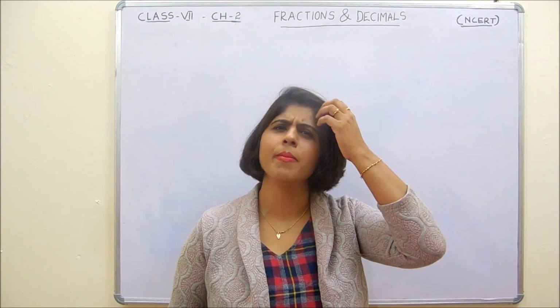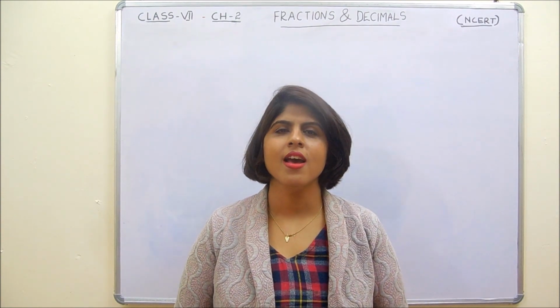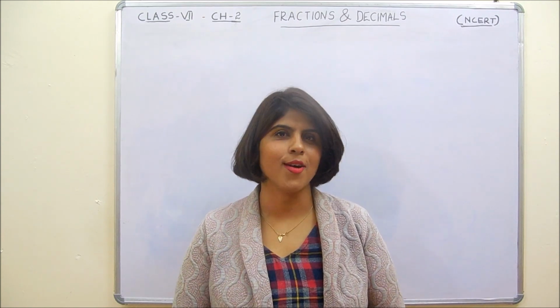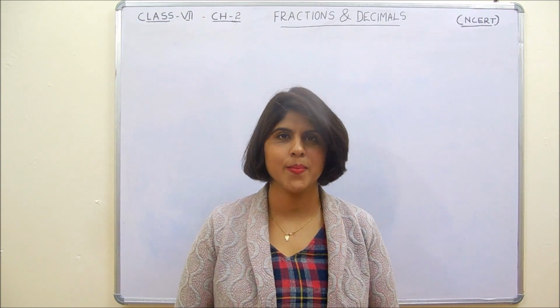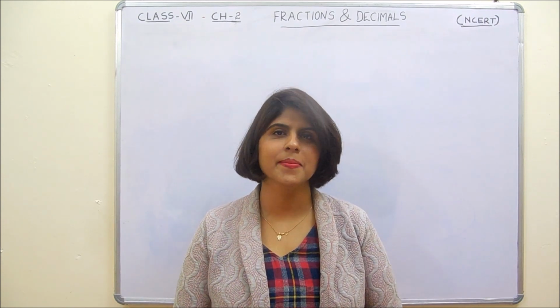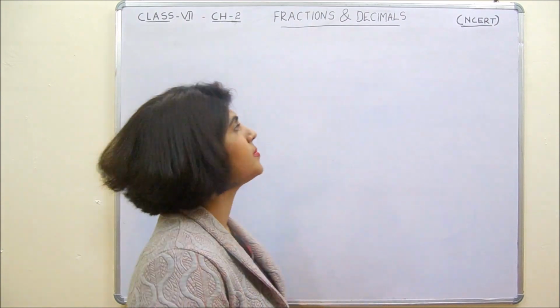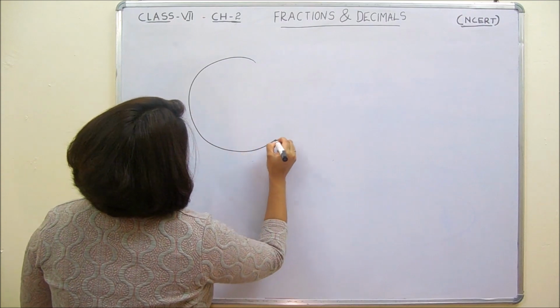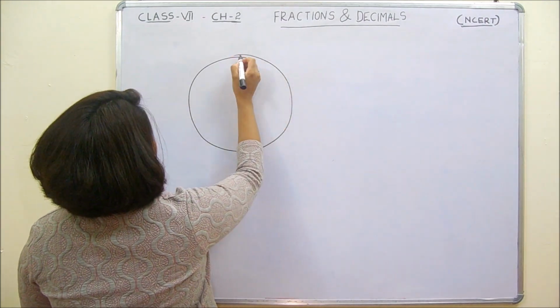Imagine there are 4 members in your family and one evening your father brought a large yummy pizza. How are you going to divide this pizza equally? See, this is a pizza. Okay?